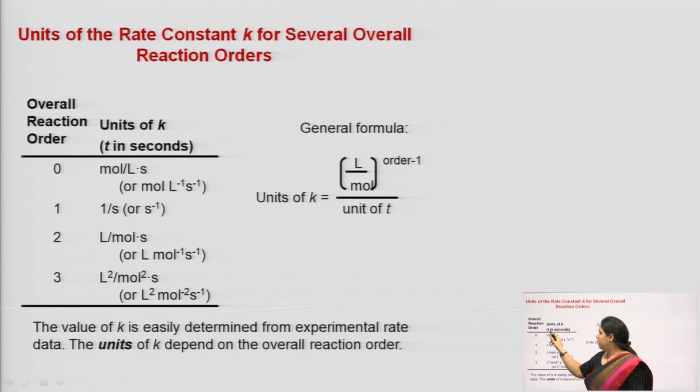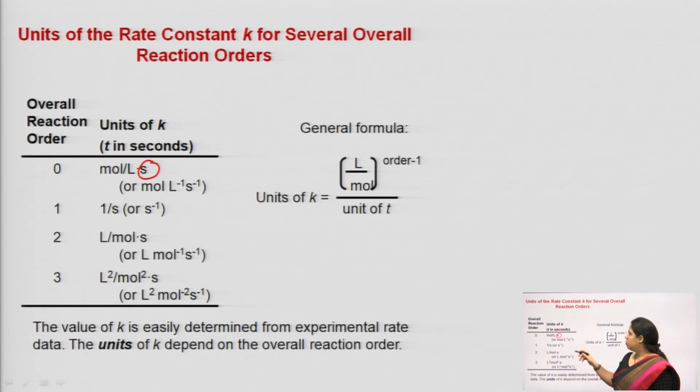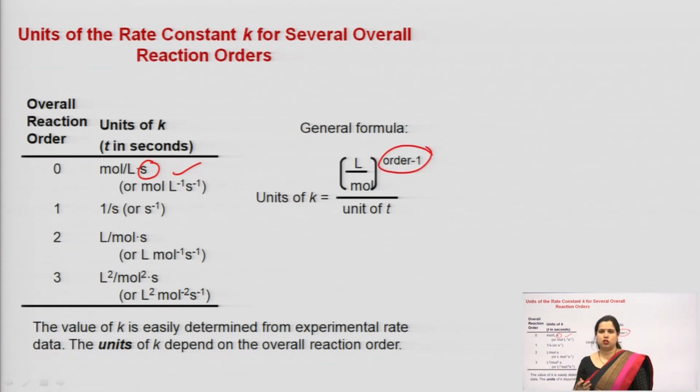Units of k, with t in seconds, will be mole per liter per second, or mole liter inverse second inverse. This can also be represented as: the unit of k is liters per mole to the power order minus 1, per unit time. This is the order the reaction follows.